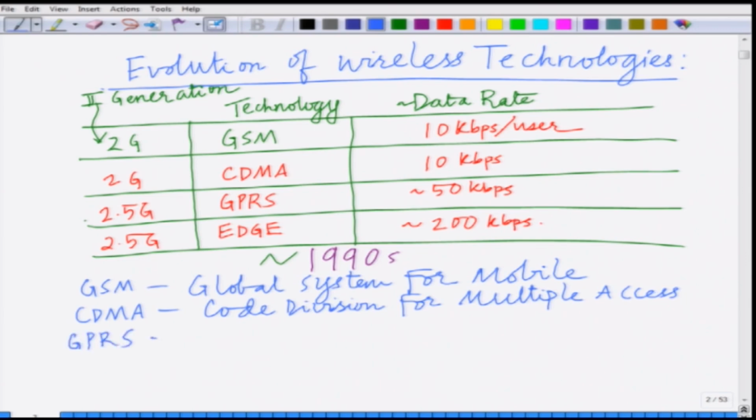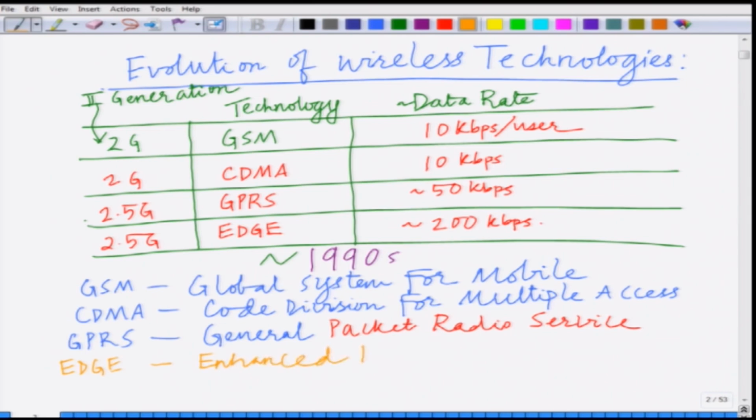GPRS stands for General Packet Radio Service, and EDGE, which is a 2.5G standard, stands for Enhanced Data rates for GSM Evolution.